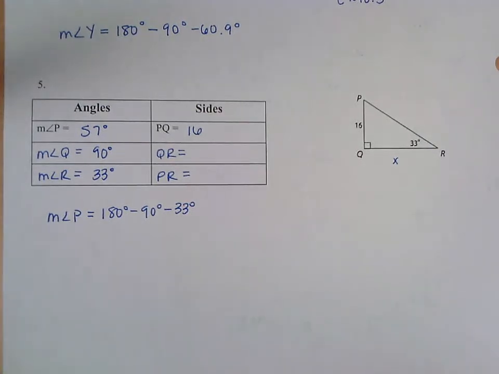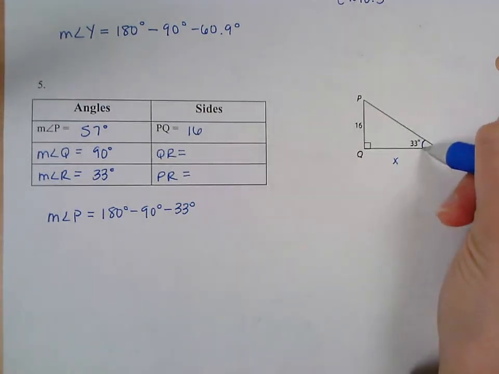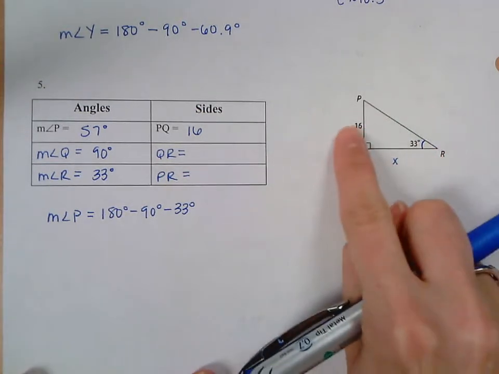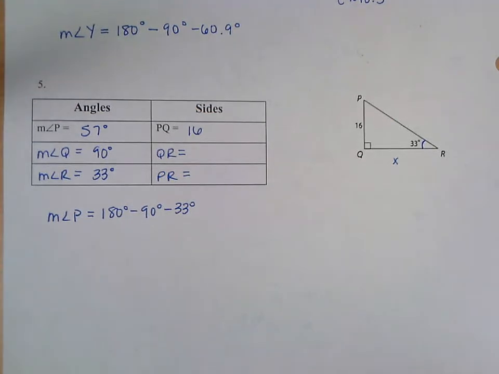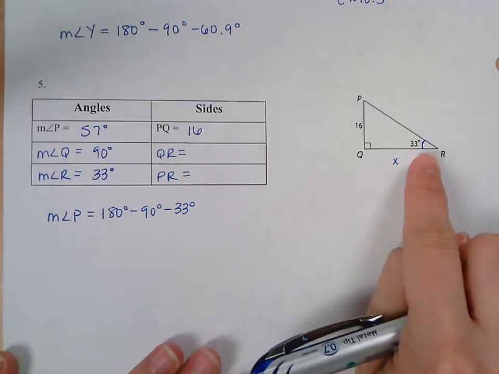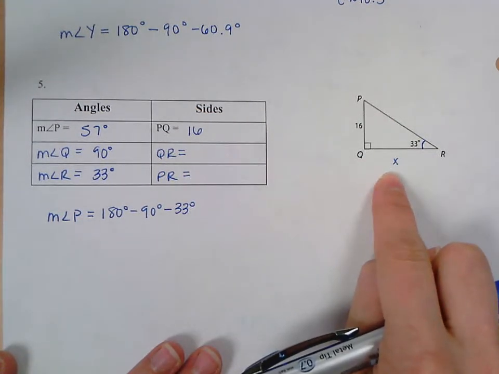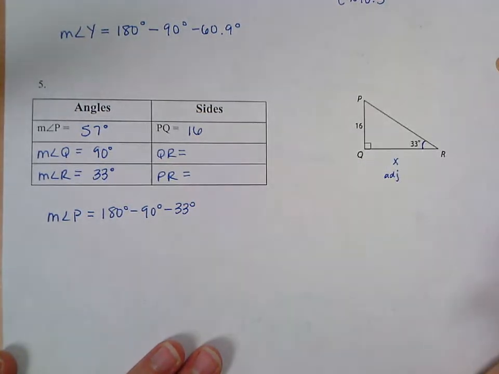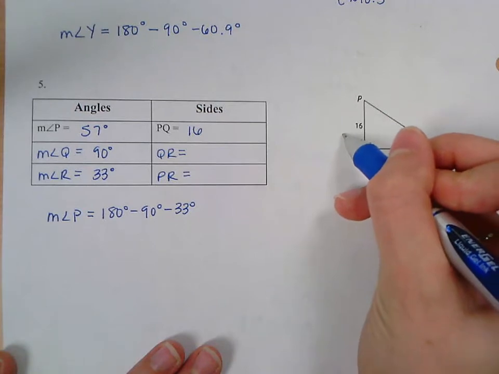All right, so I have my angle of 33 degrees. Label the 16 and the X as opposite, adjacent, or hypotenuse. So what is the X? X is adjacent. What is 16? Opposite.